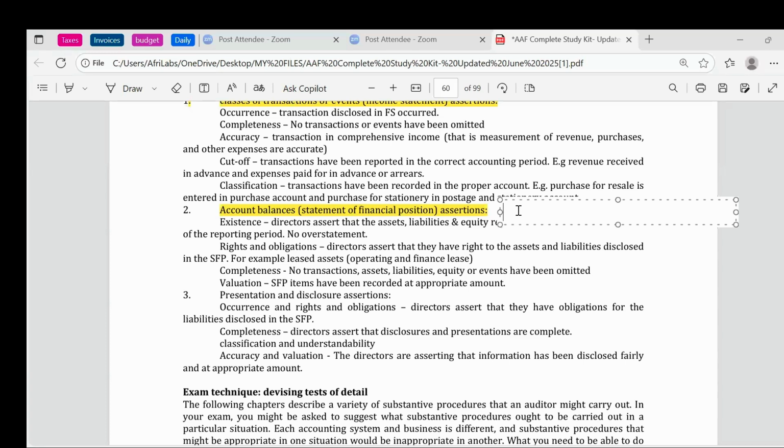Now the acronym is called CVOPC. Hoping the spelling is correct. But yeah, so the acronym for your SOFP is called what? CVOPC.